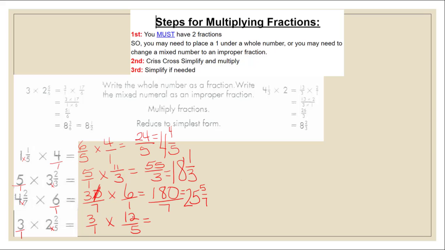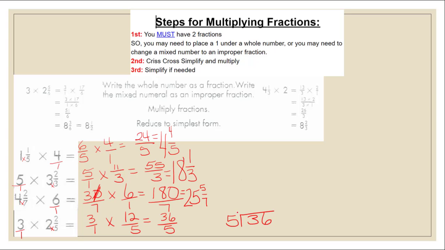3 times 12, 36. 1 times 5 is 5. Improper fraction, so I need to change it to a mixed number. 36 divided by 5, that puts my bottom dog outside the house, top dog inside the house. Goes into, can 5 go into 3? No, because 3 is too small.